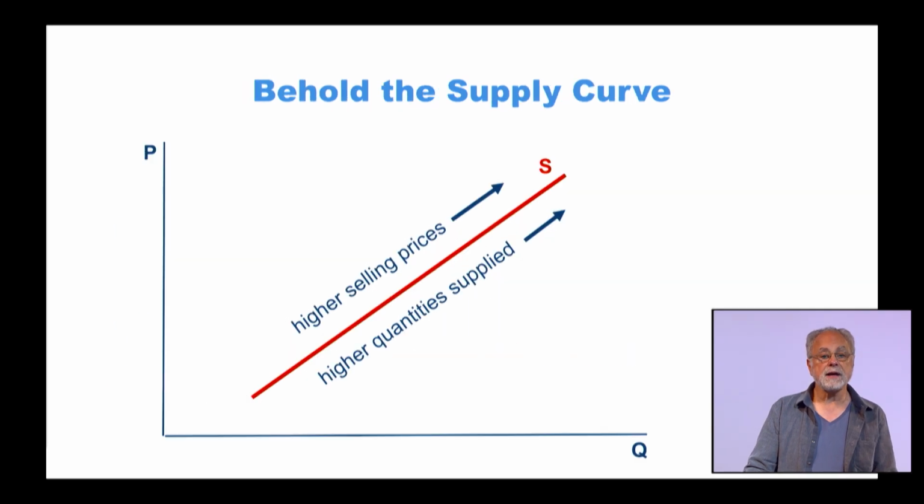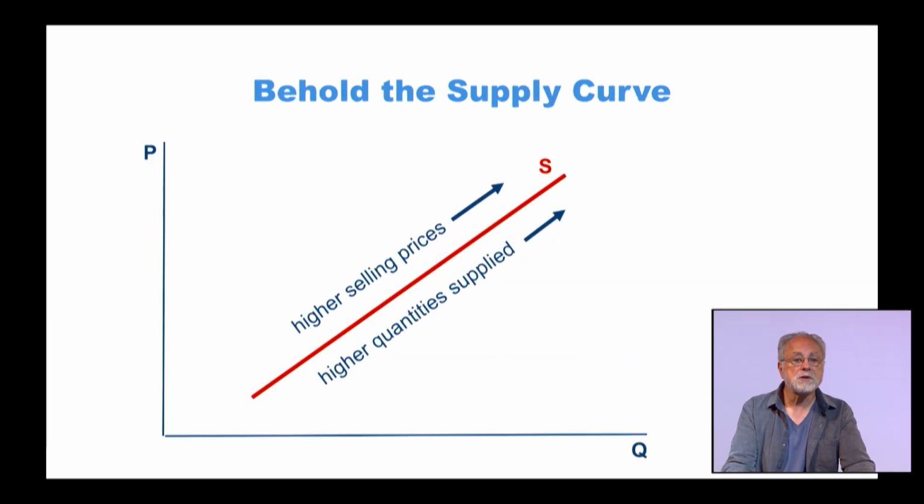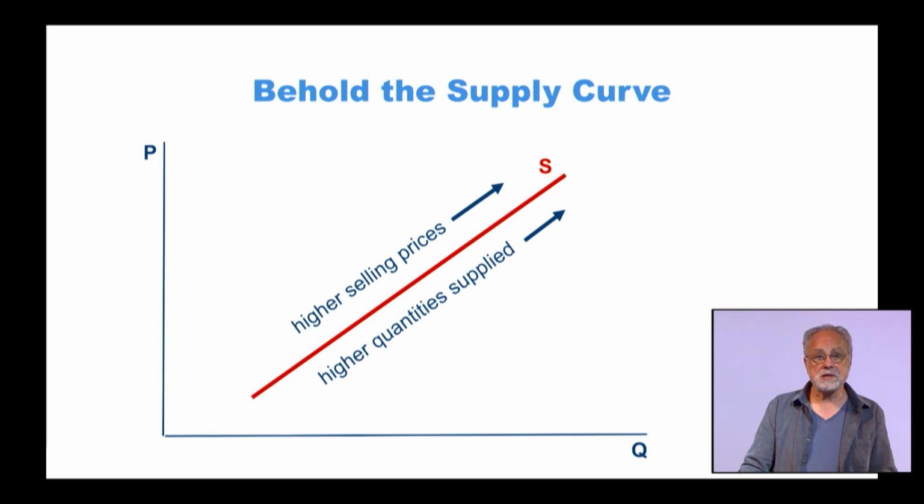Out of that comes the supply curve, where higher prices for the good in question are associated with higher quantities supplied to the market. That's represented visually by this red S-curve in a diagram where on the vertical axis we're measuring prices, and on the horizontal axis, we're measuring the quantities supplied.